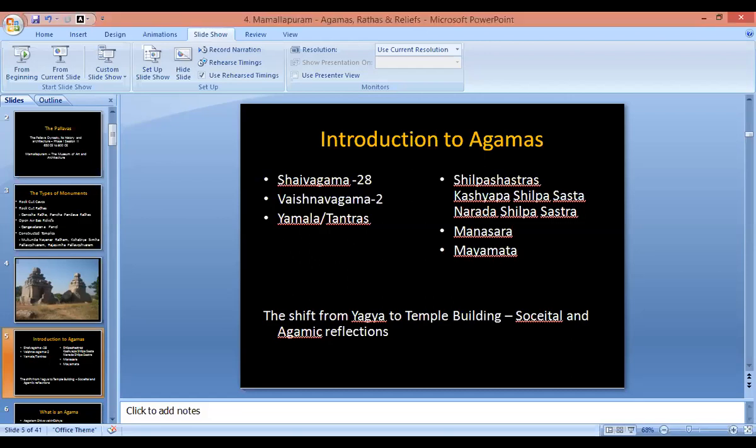So there is a continuous tradition of these Shilpa Shastras that we see in literature as well as in practice. So with this insight, I am going to introduce Agamas to you.